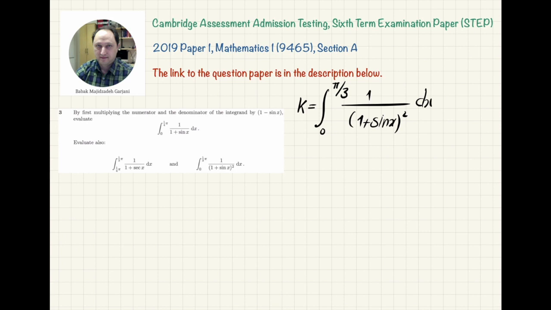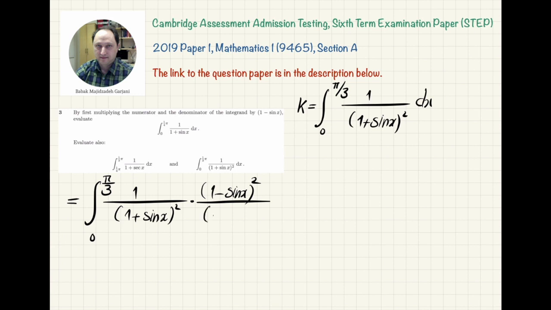Okay, here I multiply the numerator and the denominator by the conjugate of the denominator containing power 2. So what I'm saying is that we can write it as this integral 1 over 1 plus sine x to the power of 2. You multiply it by 1 minus sine x to the power of 2 and then divide by the same thing.